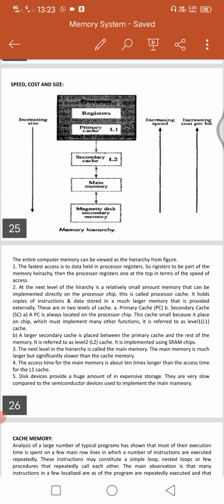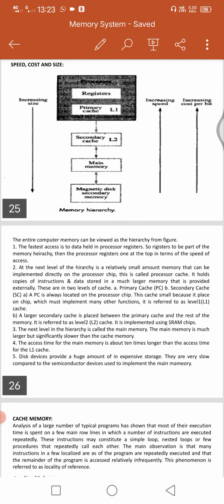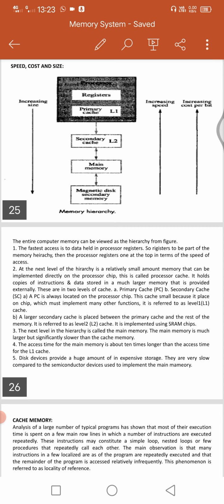We divided this based on speed, cost and size. The conclusion of this topic is that, from the accessing point of view, registers are at the topmost level, followed by primary cache, secondary cache, main memory and magnetic disk.